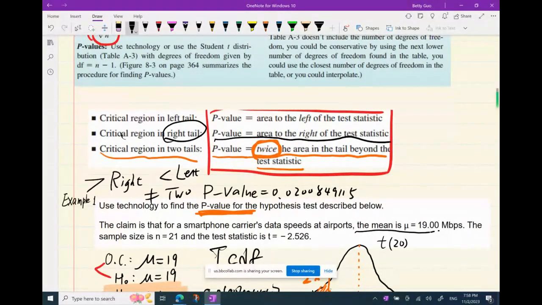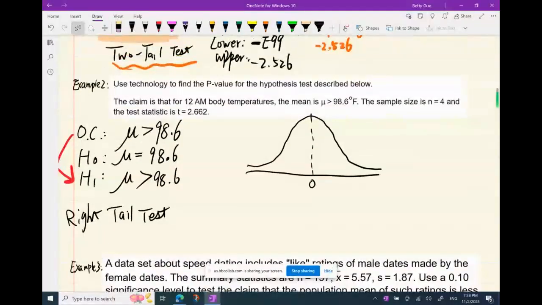The probability is actually a conditional probability. Assume the null is correct, then the probability that you get a sample statistic at least as extreme as the test statistic you have from the sample you just got. Our test statistic is given, 2.662.